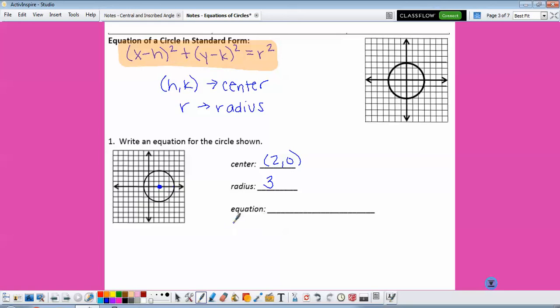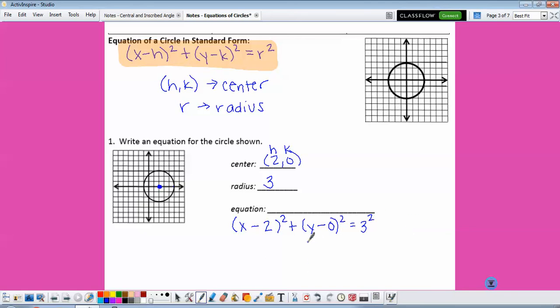To write our equation, x and y are going to stay in the equation. I'm going to subtract h, which is the x part of the center, so (x minus 2) squared, plus (y minus k), that's the y part of our center, squared equals the radius squared.